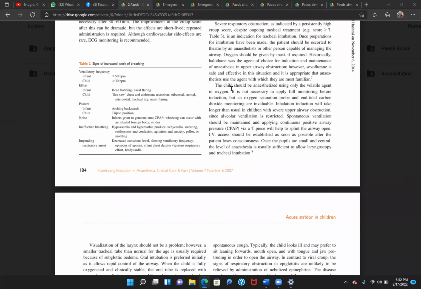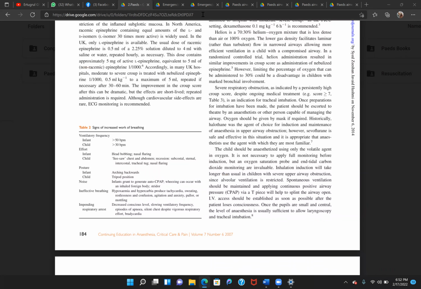And in that condition, what will be our approach? The approach will be according to the scenario, and we will manage according to airway, breathing, circulation. There is a high chance that even if the airway is not completely obstructed at the moment, if we don't secure the airway there will be further edema and the airway will be obstructed.